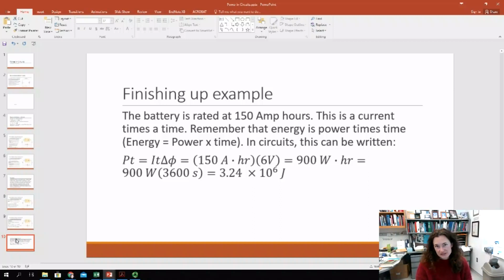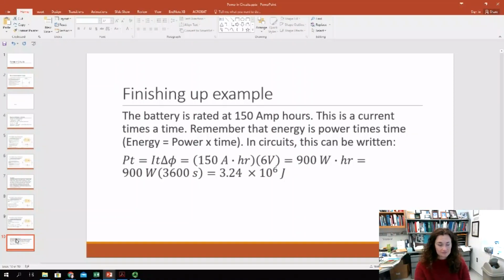Now how they rate batteries can be a little strange until you get used to it. What they said was that the battery is rated at 150 amp hours. So when they put the ratings down, oftentimes they cite it as a current times a time. Now, in order to calculate the total energy stored in the battery, remember that energy would be power times time. So if you want to use your equation for the power in circuits, you could say that power is equal to I delta phi, and then you would just multiply that times time to get the energy that the battery supplies.